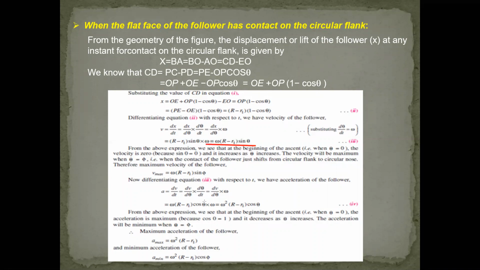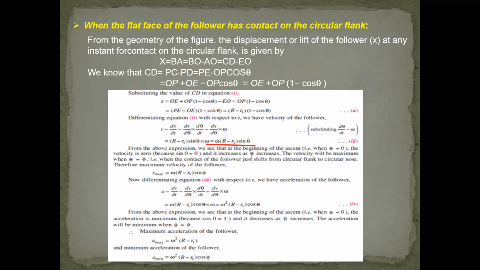Now, when we get the velocity, we find the maximum velocity. Observe that at the beginning of the ascent, when theta equals 0, the velocity is 0.